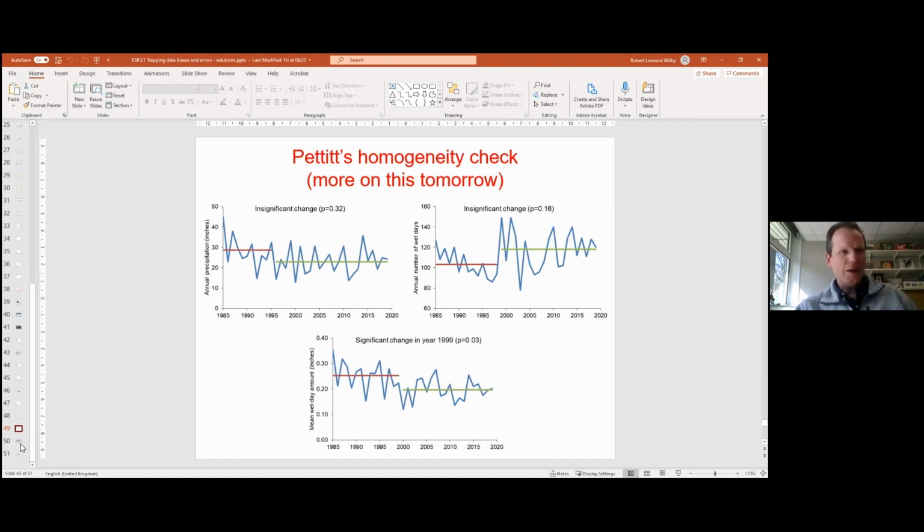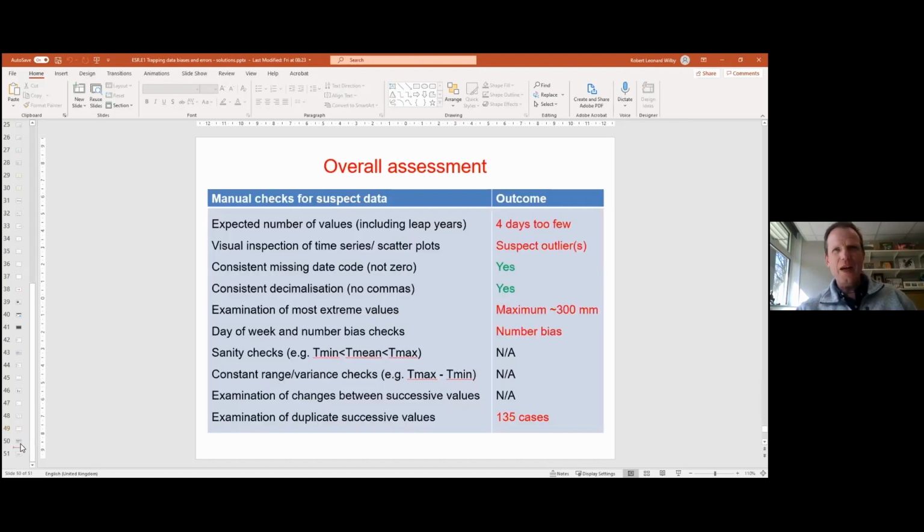Okay, so there we go. If I was to sum up this data set against those 10 tests that I set before you, I'd say 4 days too few. There are some suspect outliers. Yes, there is a consistent missing data code for both rainfall and temperature, so that's good. Consistent use of decimals, yes.